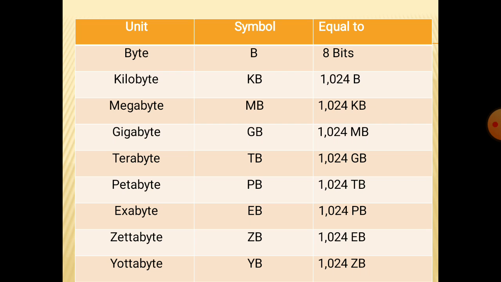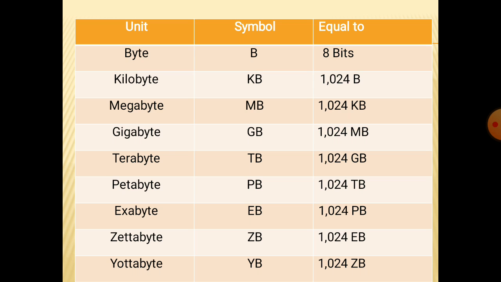As 1 byte is equal to 8 bits, 1 KB is equal to 1024 bytes, and similarly 1 megabyte is equal to 1024 KB. Next comes gigabyte, where 1 GB is equal to 1024 MB.